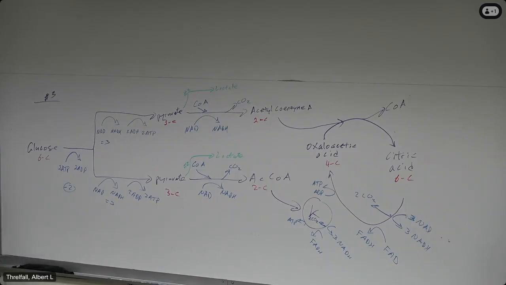But that requires the electron transport system. That requires oxygen. No oxygen, no electron transport system. These values would be 0, as they were right here on Wednesday with energy system number 2.